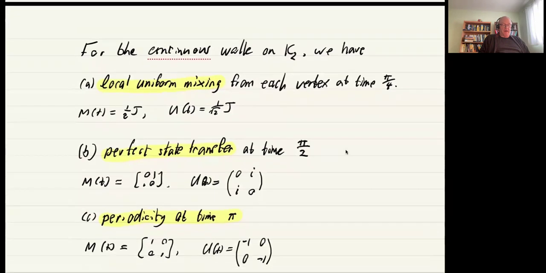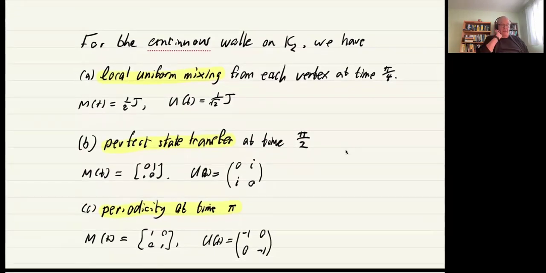Now, for our walk on K2, we get local uniform mixing at each vertex at time pi on 4. We get perfect state transfer at time pi on 2, and we get periodicity at time pi. So the periodicity occurs at twice the perfect state transfer time. And that's the rule: in general, if you get PST at time tau, you'll get periodicity at time 2 tau.